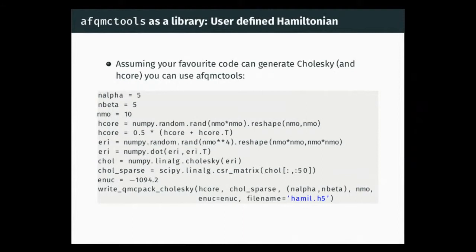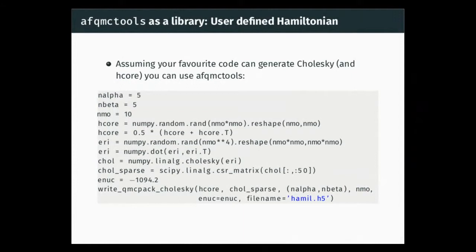So here, I just generated some random Hermitian matrix. I computed the electron repulsion integrals, random again, positive semi-definite matrix. Then I called the Cholesky factorization of this from NumPy, and I just generate a sparse matrix in CSR format from this Cholesky factorization.